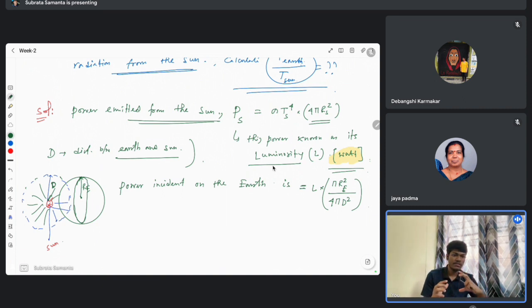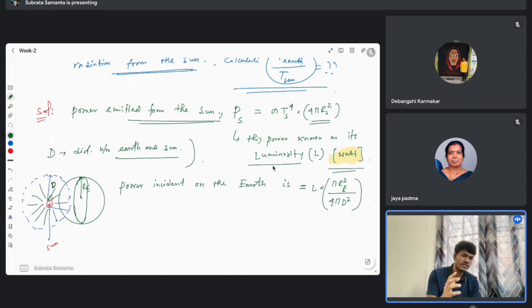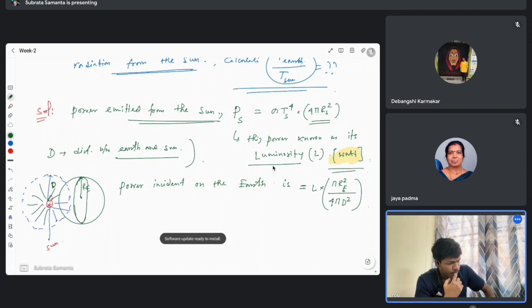Only this portion catches this radiation, not the whole Earth surface. So this point is clear or not? Okay, so this point is clear.